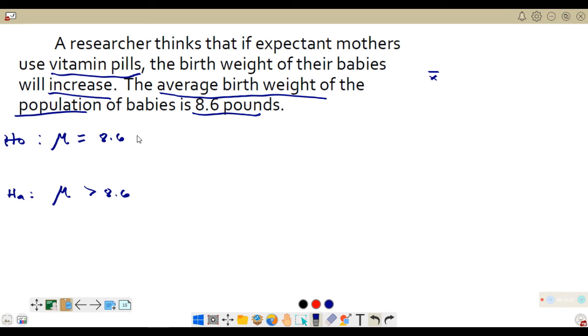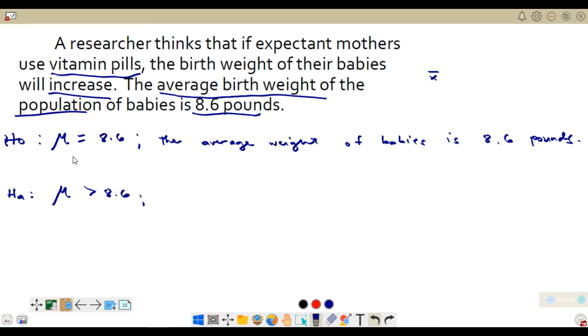Now, paano natin ito isusulat? Ang gagawin natin, the average weight of babies is 8.6 pounds.